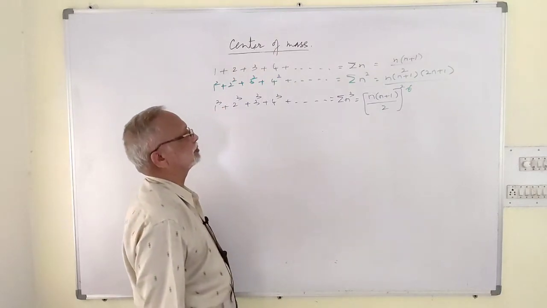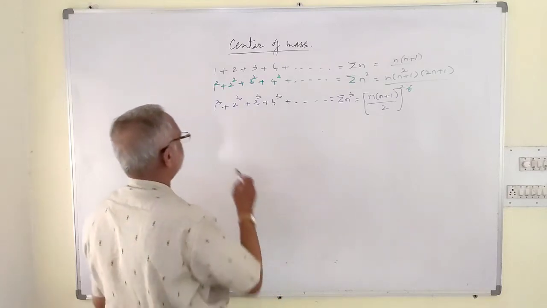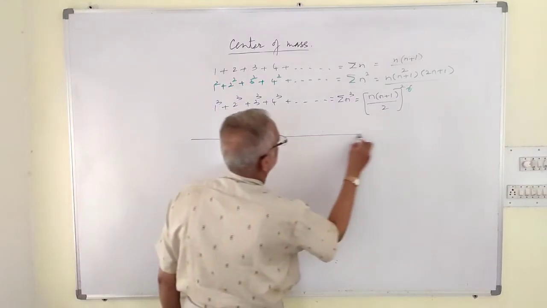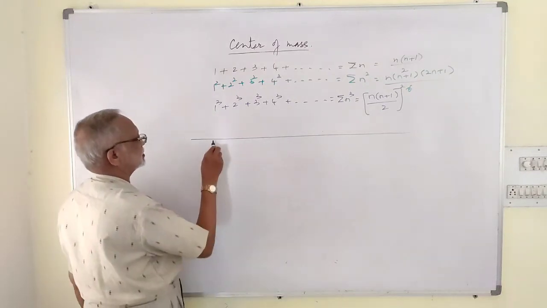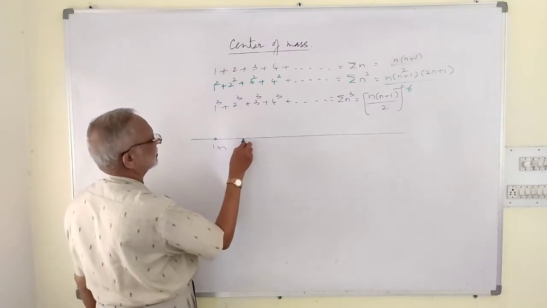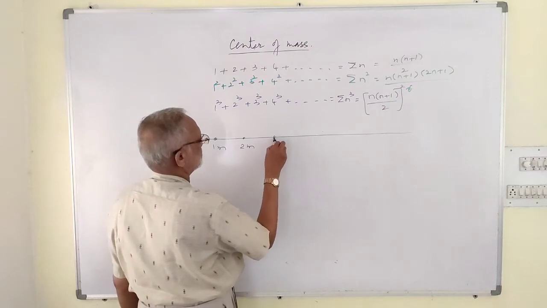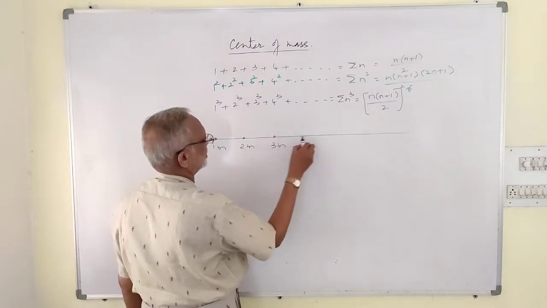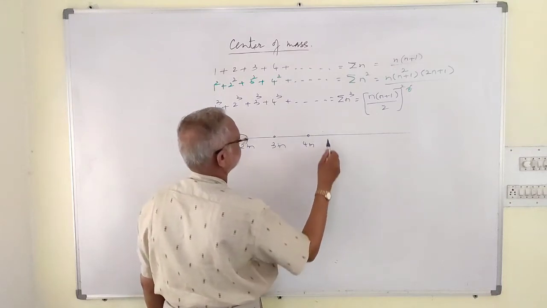Now let us consider 2 simple problems. Suppose we have got n bodies present along x-axis at 1 meter, 2 meter, 3 meter, 4 meter and so on.